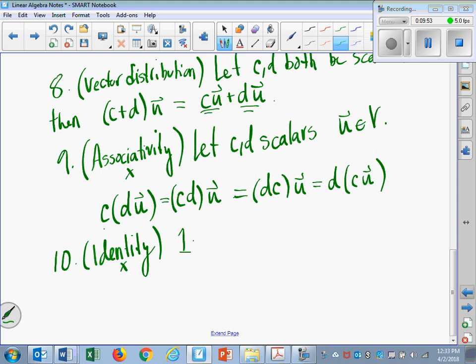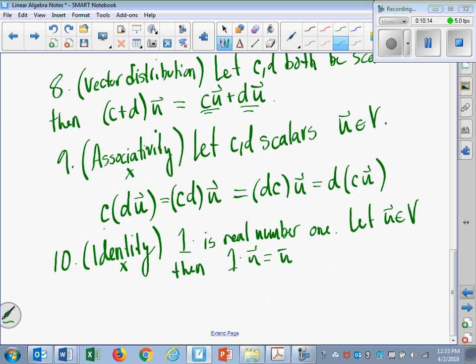So there is a scalar 1, the real number 1. And then we'll let u be in the vector space V. Then if we scale that vector u by 1, it just gives me u. So no scaling has happened. It identifies the vector u as itself. So this is the scalar identity for multiplication.